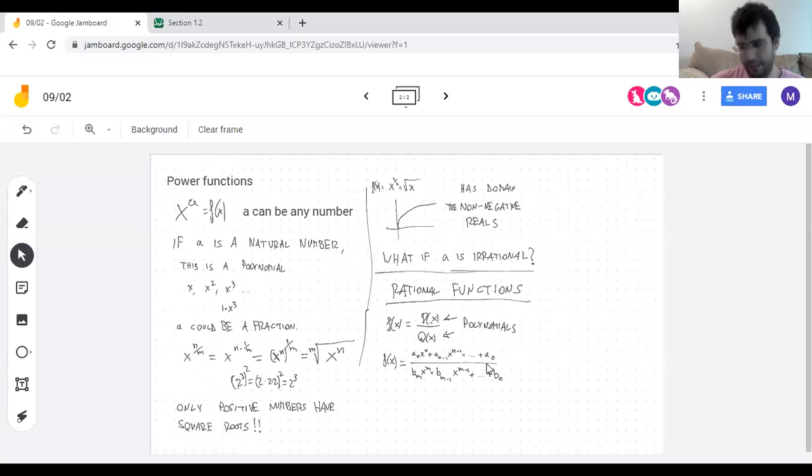And finally, there's algebraic. So let me show you an example here. So anything I can think of where you have sums, subtractions, multiplication, and division.